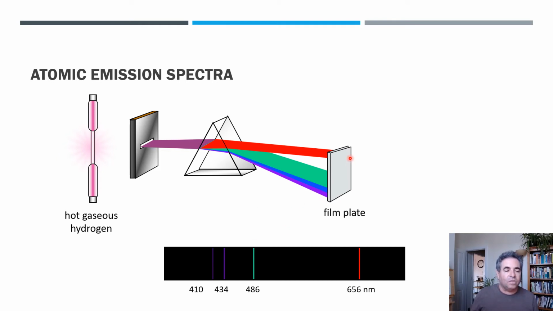And if I look at this film plate on the end where the light is striking, I see something like this. I can measure the wavelengths of light by where they are on the film strip. Since different wavelengths get bent by different angles, I can calibrate this thing.